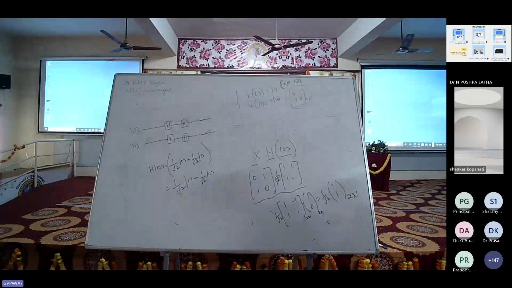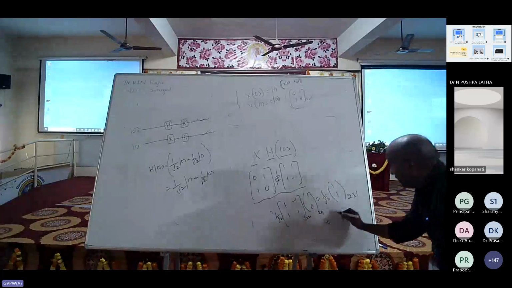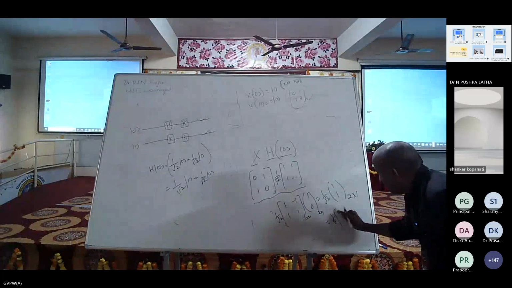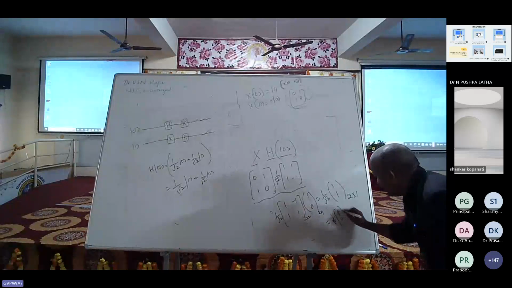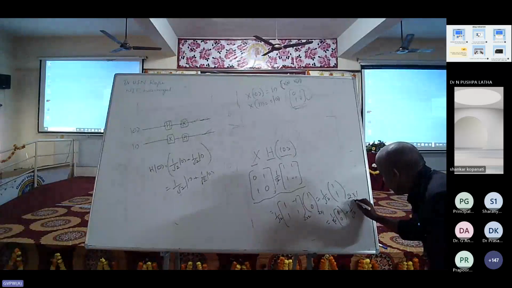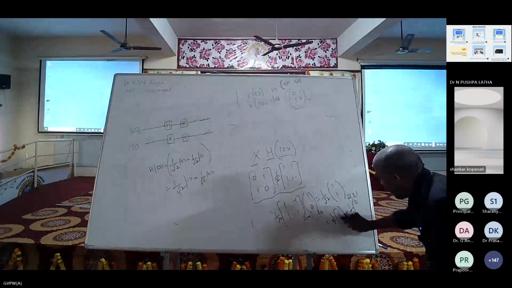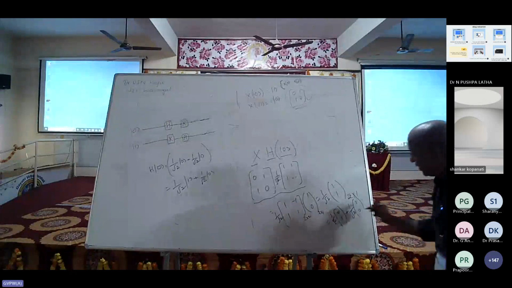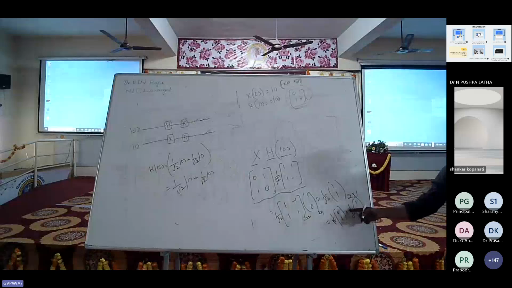How do you write that? Can I write 1 1 as 1 by root 2 into 1 0 plus 1 by root 2 into 0 1? Can I write it like this? Whether I get the same result or not?